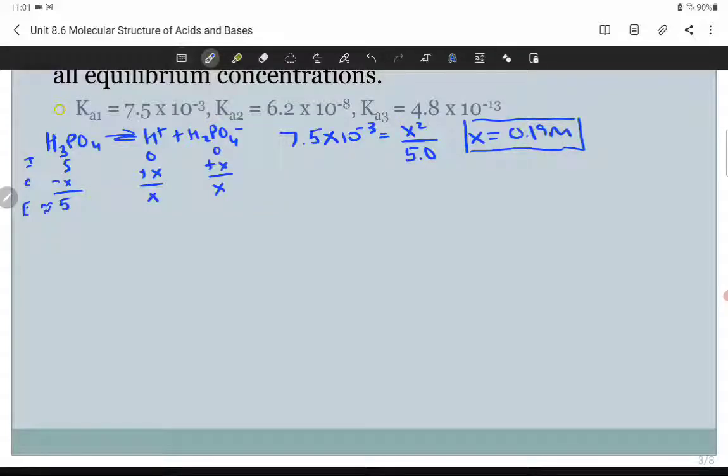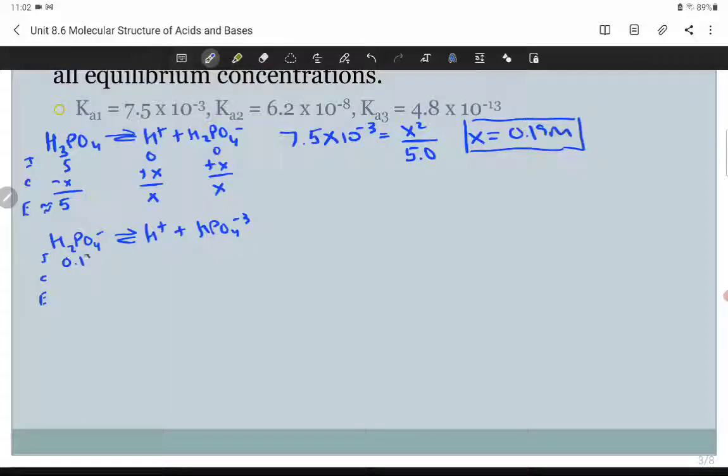So now the H2PO4 that we produced is itself an acid. So it can dissociate. Yes, it can make some H positive, and this time it can make HPO4 minus 2. Still ICE. And our starting amount, not 5 molar, because that was for the phosphoric acid.